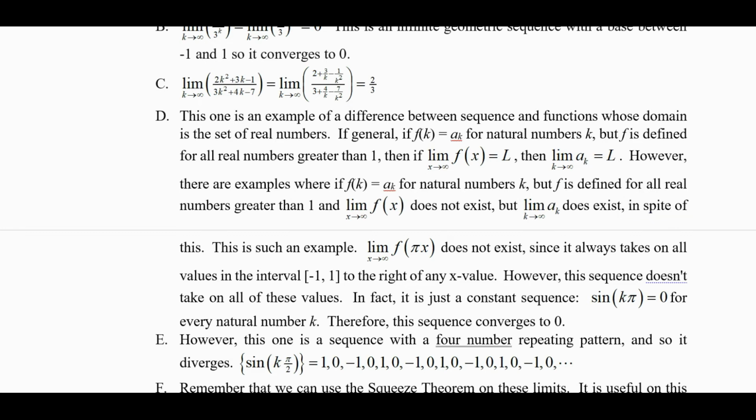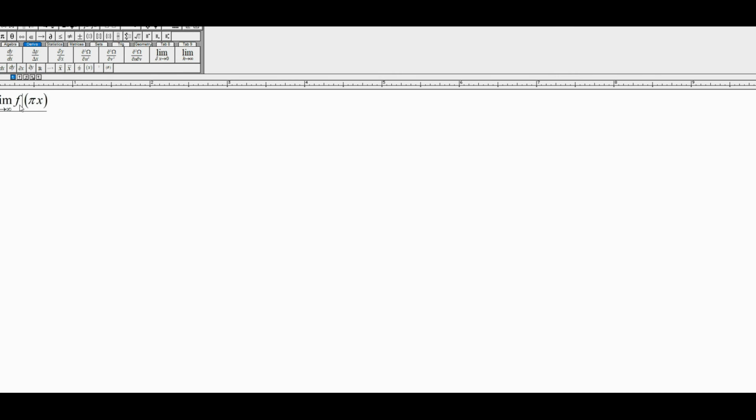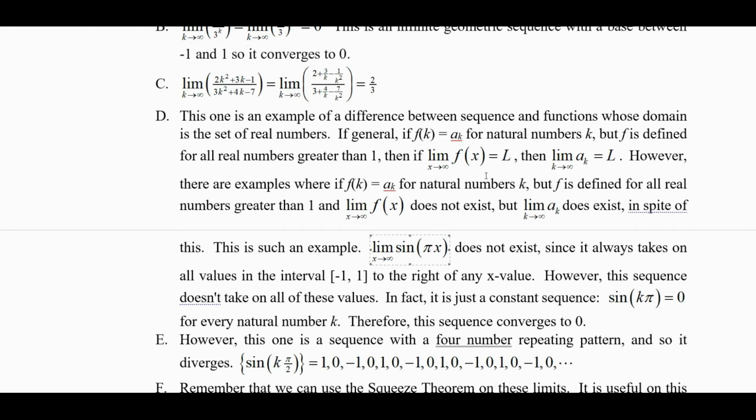In this example, the function f of x is sine of pi x, and the limit as x goes to infinity of that does not exist since it's always bouncing up and down between all y values between -1 and 1 to the right of any x value.